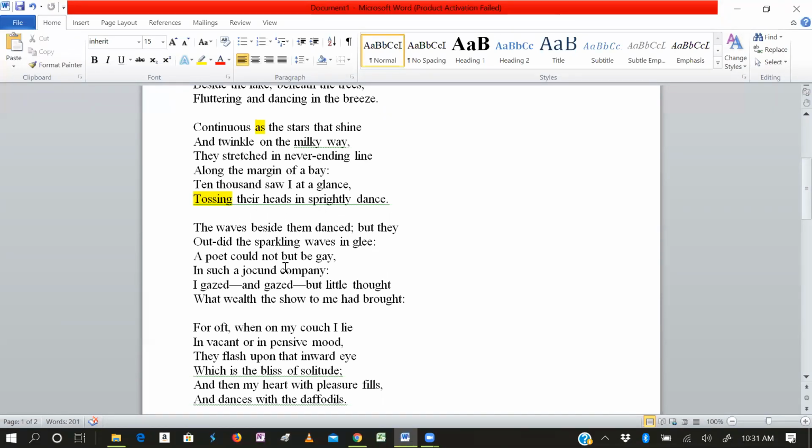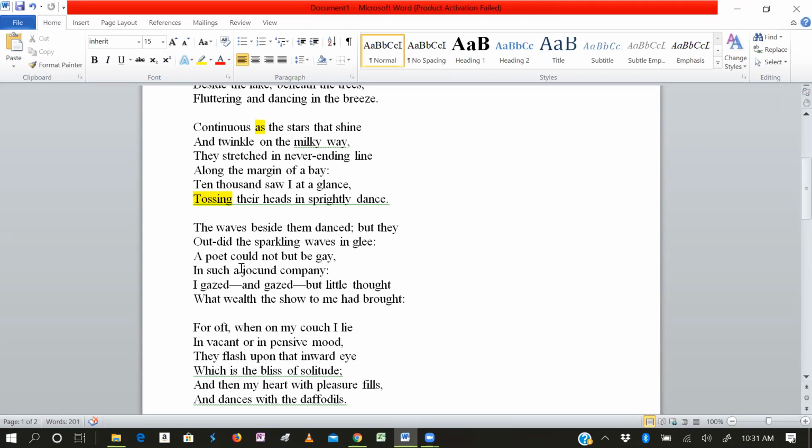So he was made very happy. The poet says that I was in a very happy mood when I saw these daffodils growing, tossing their heads in the air, all in a jocund company. Jocund means happy.